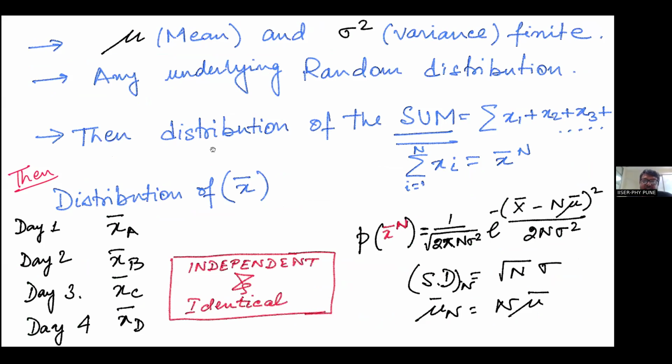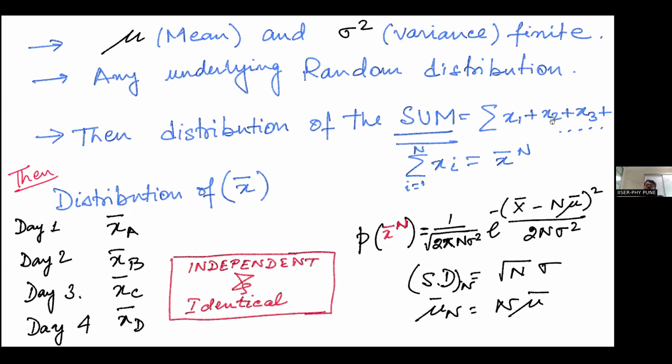what is the distribution of the sum of n random numbers? Remember the random walk, every time he was going plus a or minus a. So those are the values of different random variables where it was allowed to take only plus a and minus a.